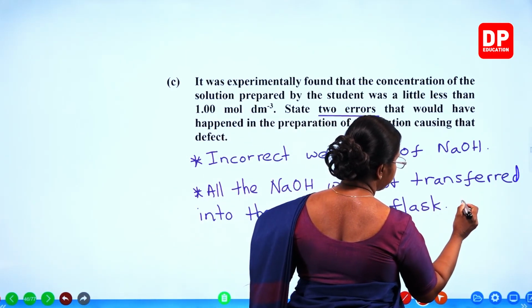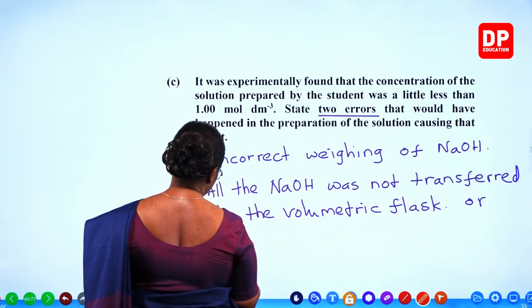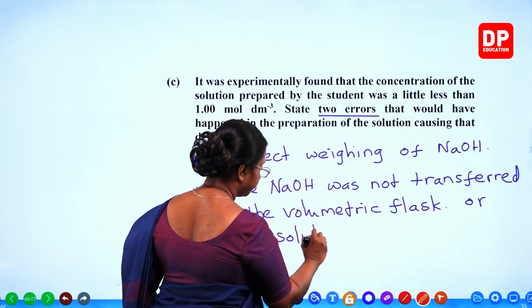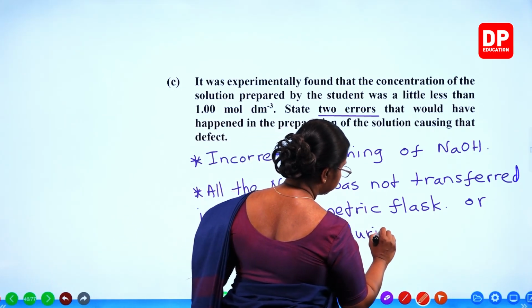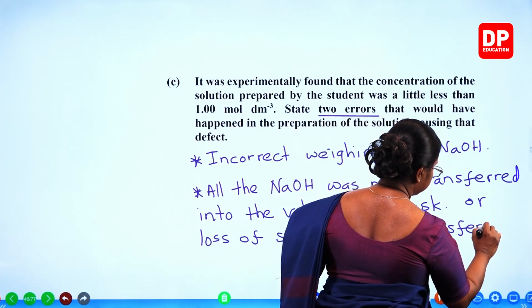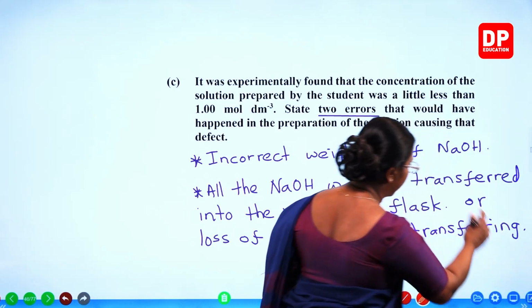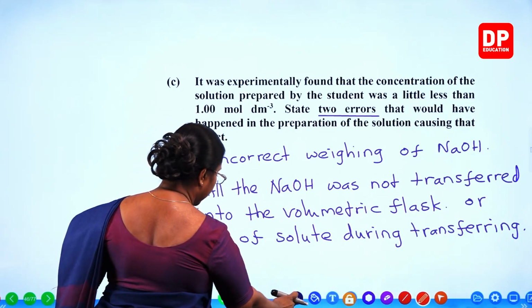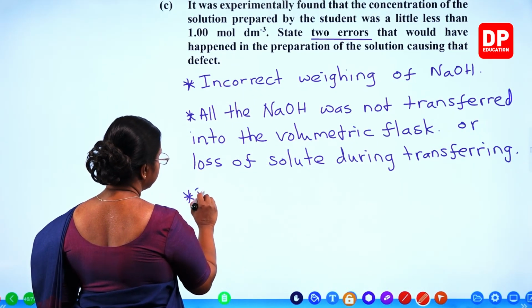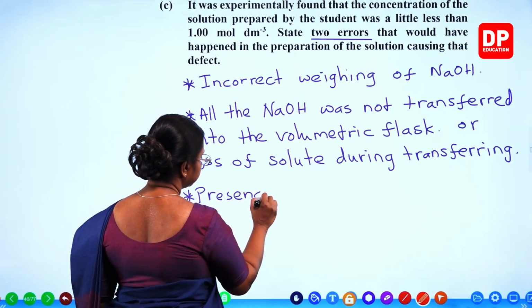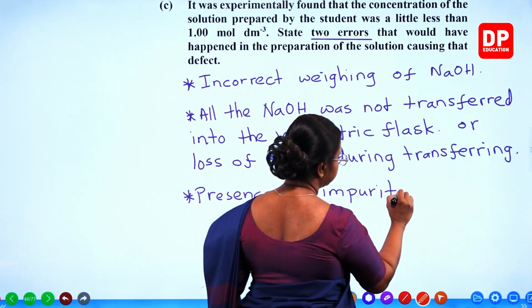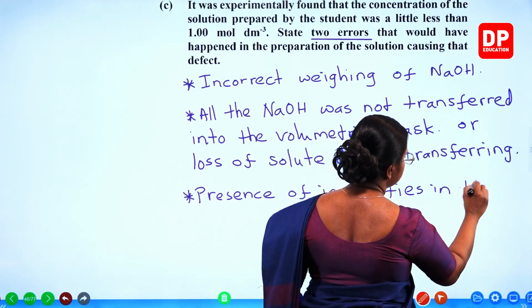Or you can say loss of solute during transferring. You can write one of the answers and then presence of impurities in the solute.